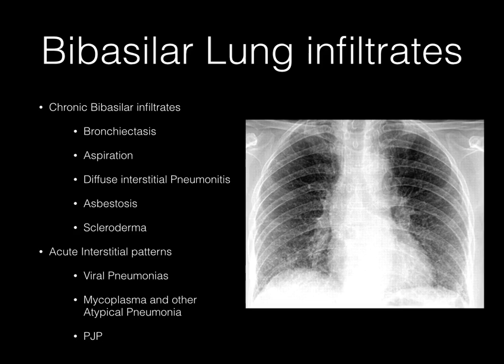In this particular X-ray, you can see that there is bilateral reticular infiltrates in both lower zones more than the upper zones, and this would give a pattern of a diffuse interstitial pneumonitis, depending on the patient's history.